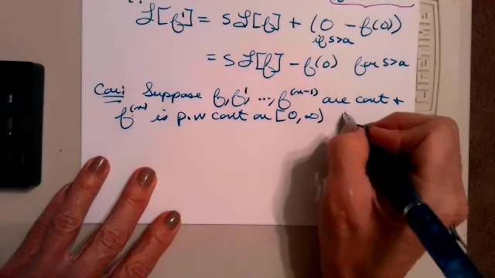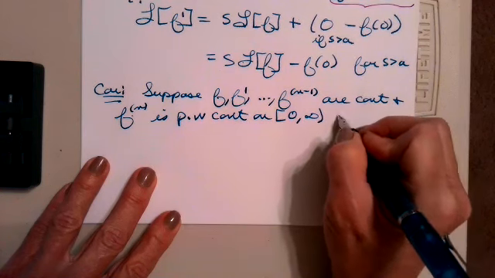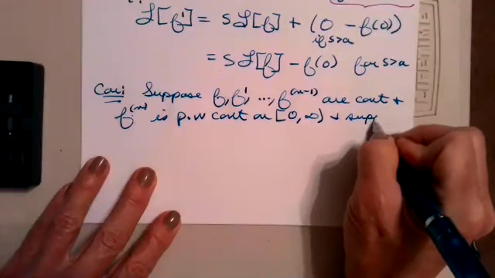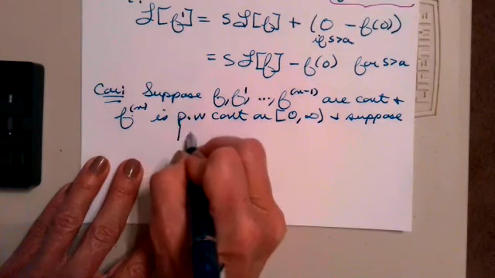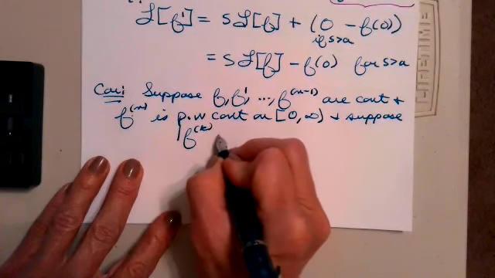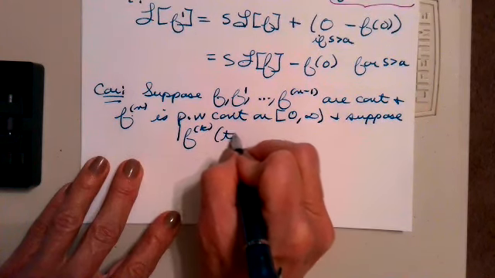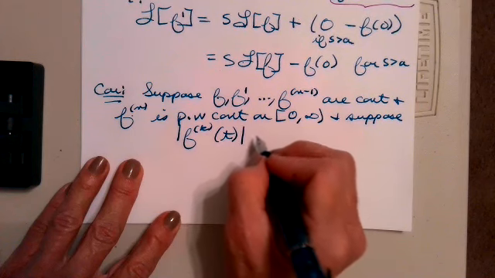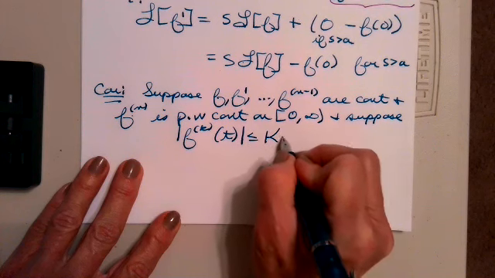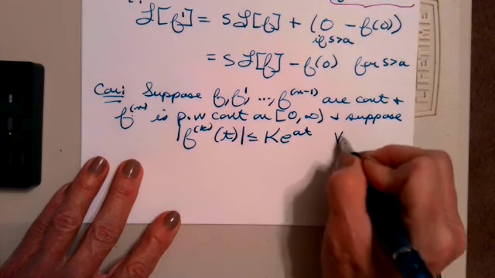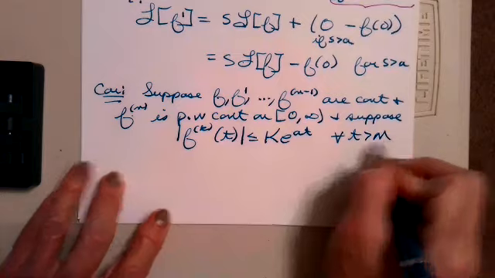And suppose the absolute value of the kth derivative of f of t is less than or equal to k e to the at for all t greater than m.